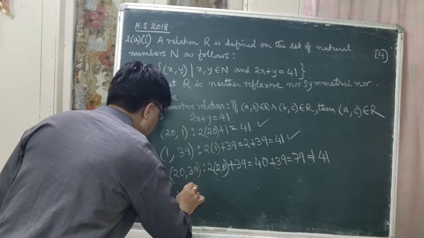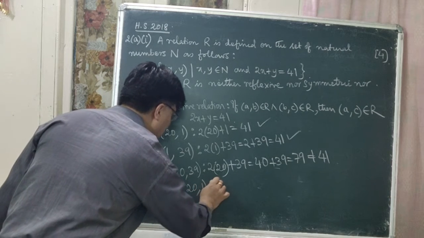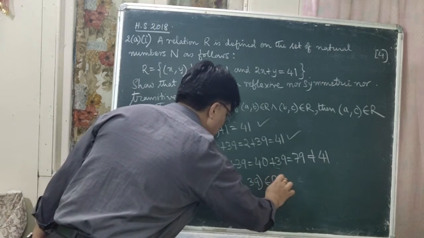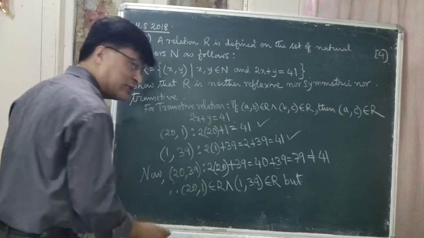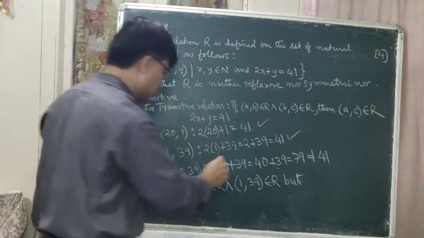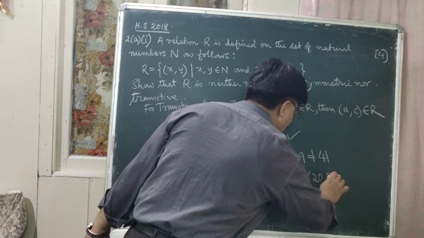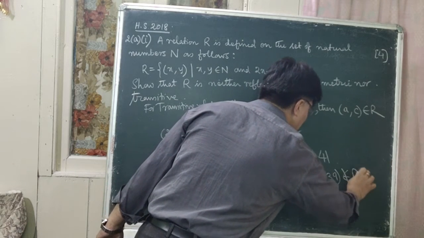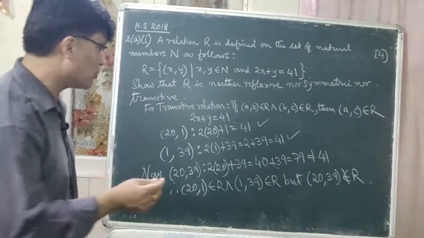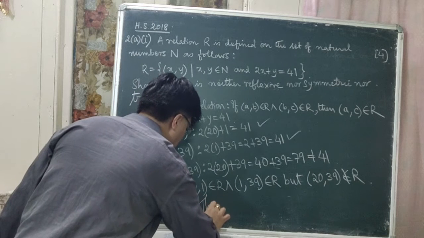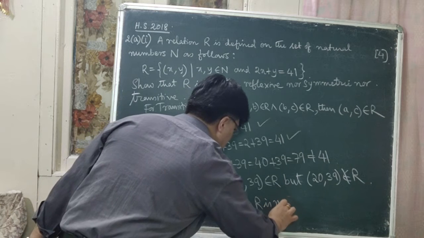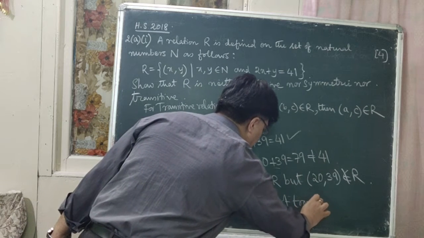So therefore 20, 1 belongs to the relation R and 1, 39 belongs to the relation R, but 20, 39 does not belong to the relation R. That means the relation R is not transitive.